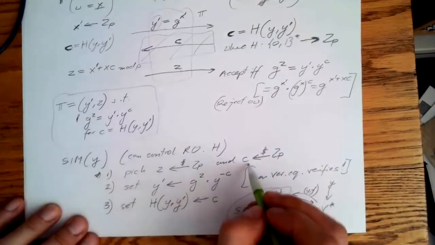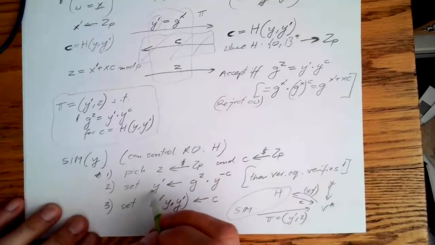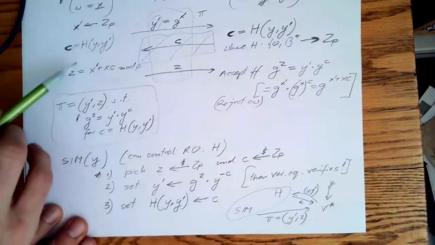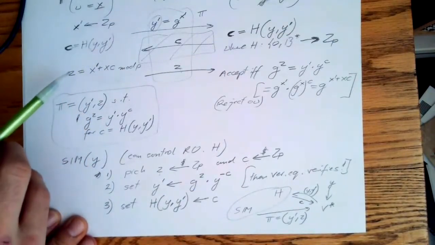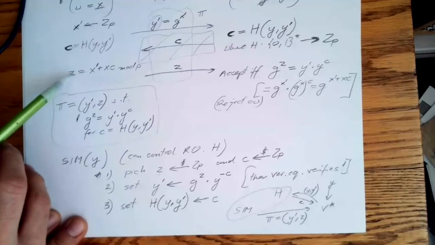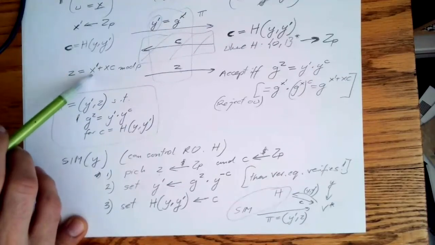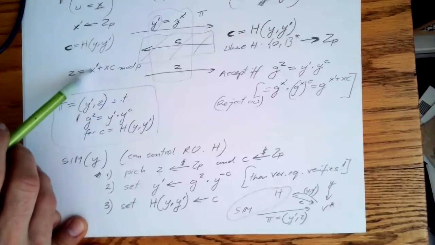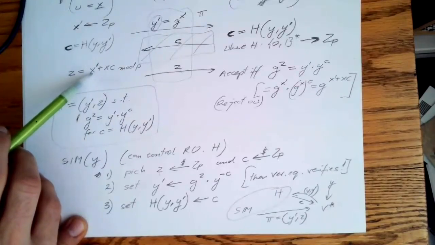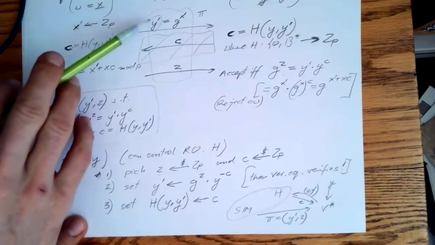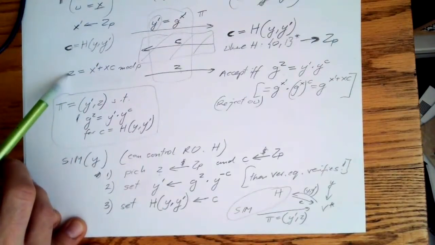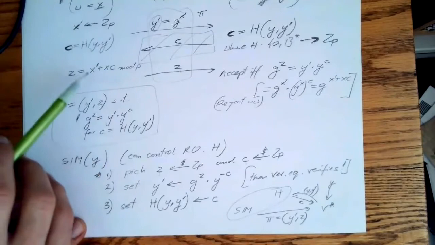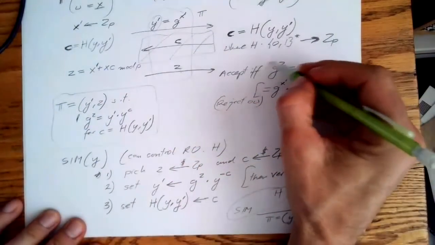So this view agrees. You can see why this triple z, c, and y prime is exactly like the z, c, and y prime in the real execution. Let's first look at how z is distributed. It's uniform mod p because x prime is a one-time pad. So rather than think of y prime as created first, I can think of z as created first, and then y prime is whatever satisfies this relation.